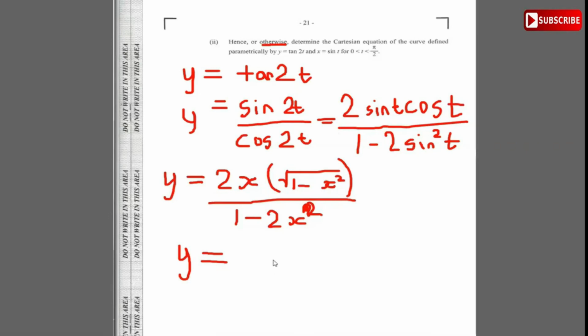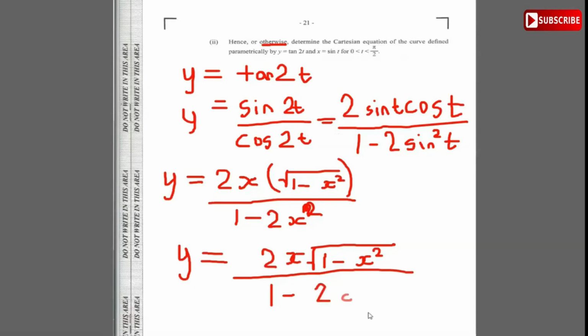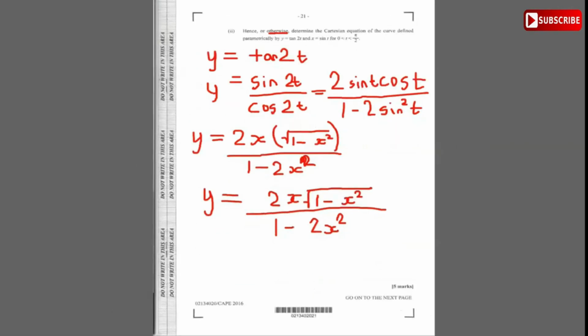So y is 2x times the square root of 1 minus x squared over 1 minus 2x squared. Nice and easy, that's it. Nice.